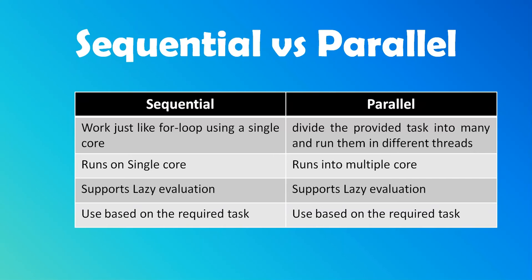In the sequential stream, it always runs in a single core because it is running one by one. But parallel runs in multiple cores, and the number of cores depends on your system or your server. Both of them support lazy evaluation, which is driven by the terminal operations, the way we use methods like map, flat map, for each, everything.